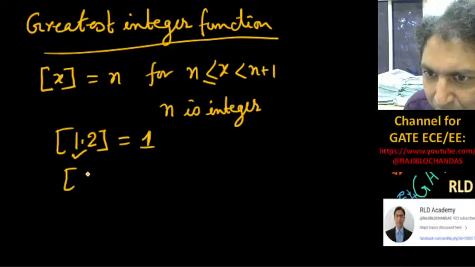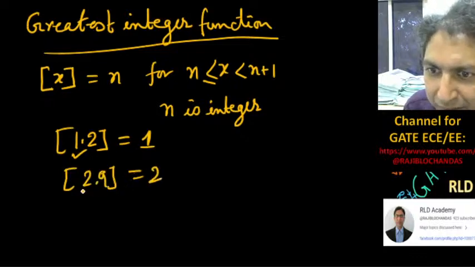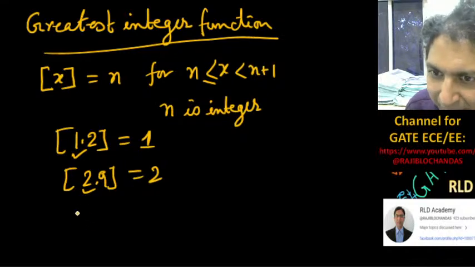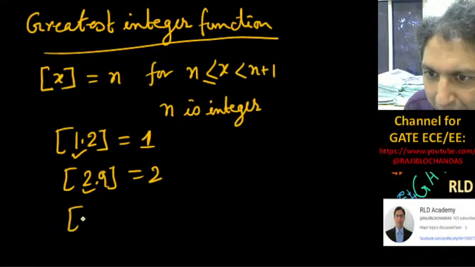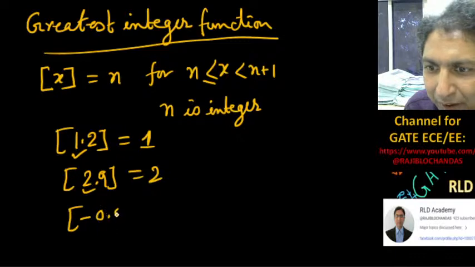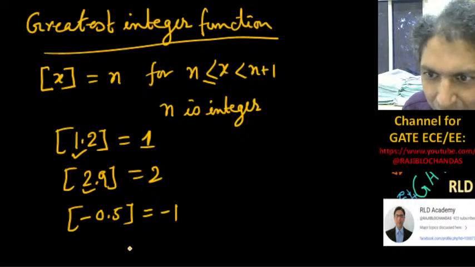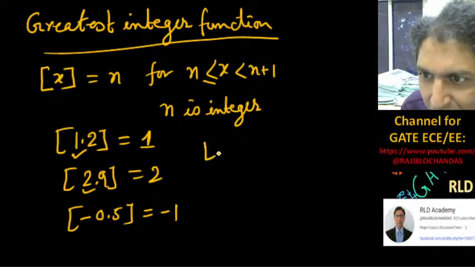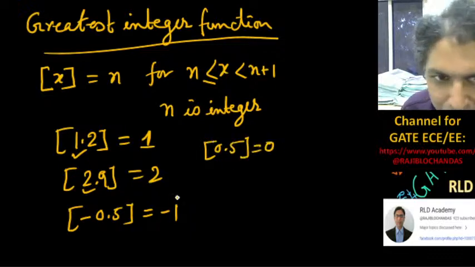Similarly, the greatest integer value of 2.9 will be 2 only. But be careful about the negative side, minus 0.5 suppose. This value is minus 1, not 0. But 0.5, only positive, is equal to 0.